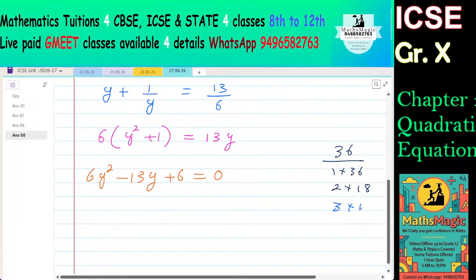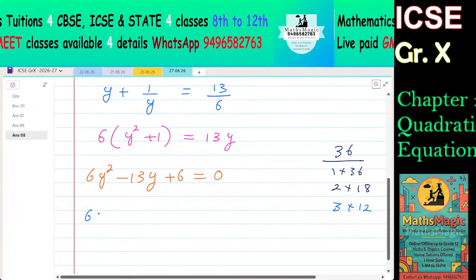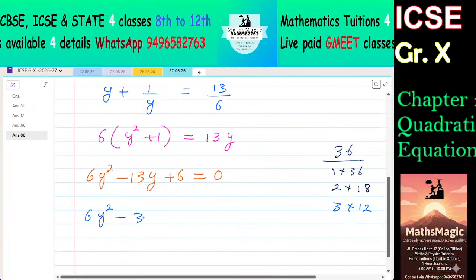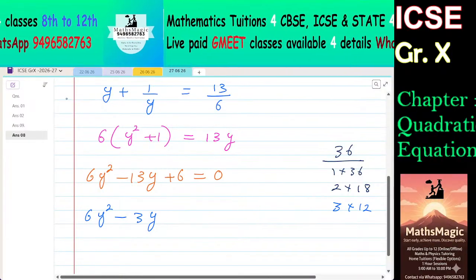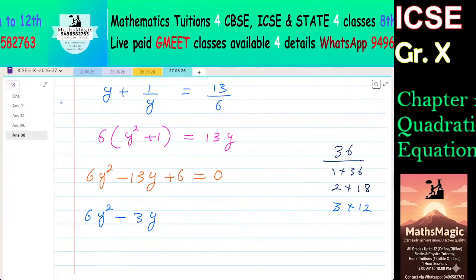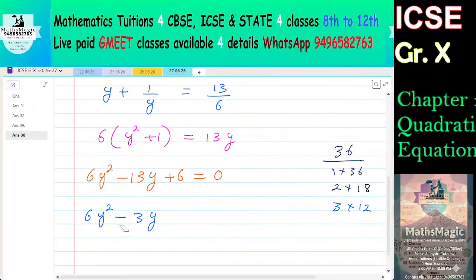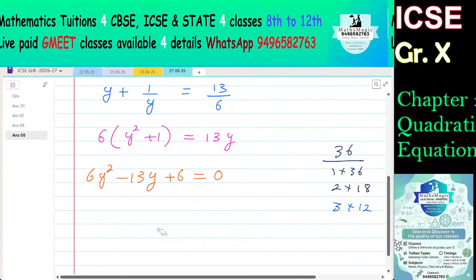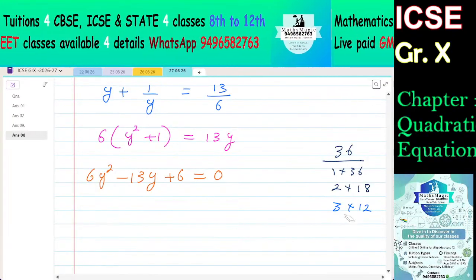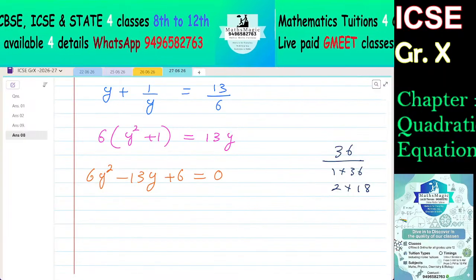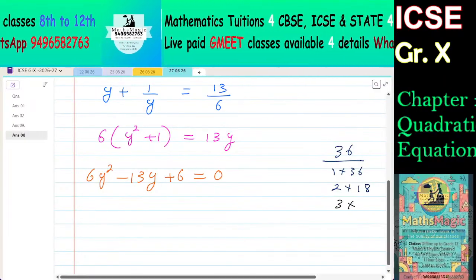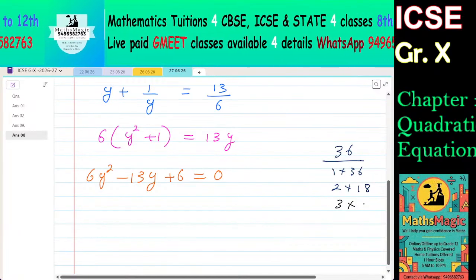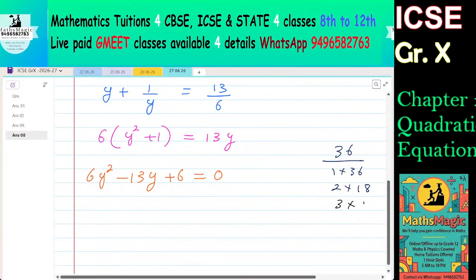So you have the pair 6y squared minus 3y. No, we made it wrong. We should get 13. No, no, no. This won't work. Okay, you understood the mistake. 3 times 12.